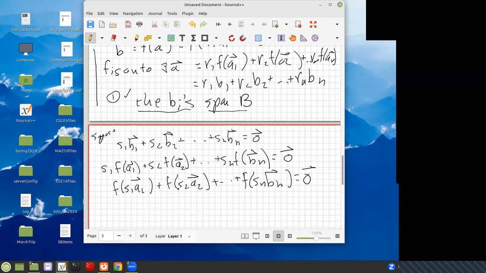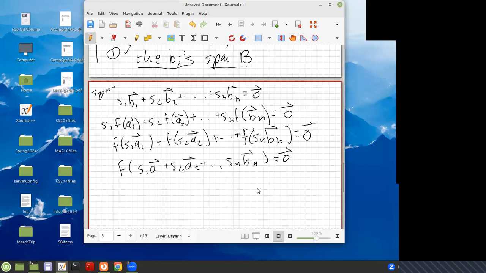And then I can use the fact that this is the same equation as F of S1 A1 plus S2 A2 plus dot dot dot plus Sn An has to equal 0. Oh, I'm sorry, those are A's.